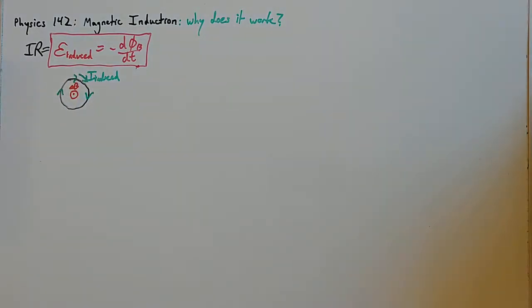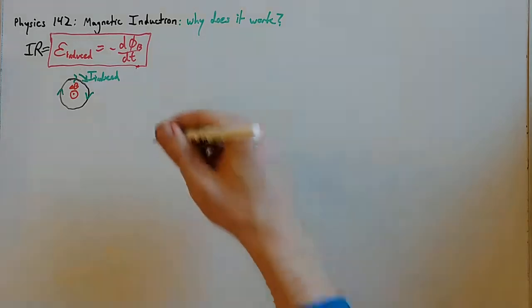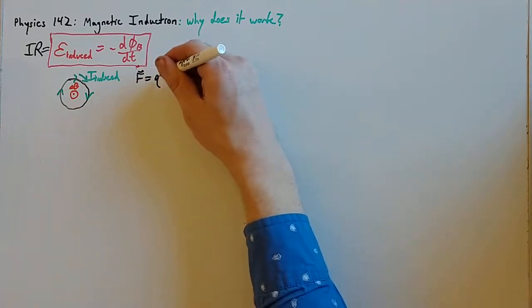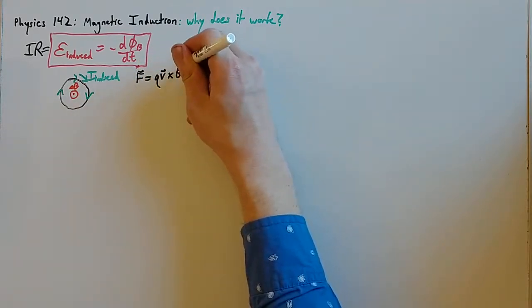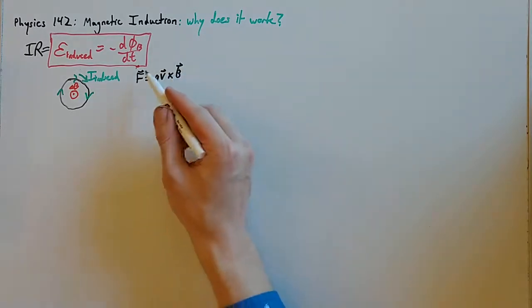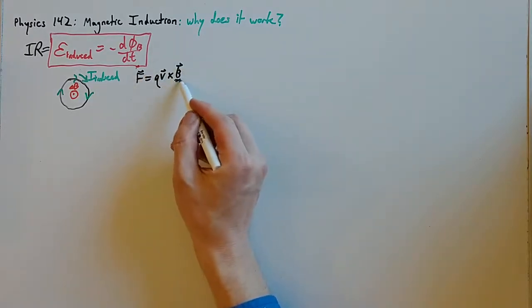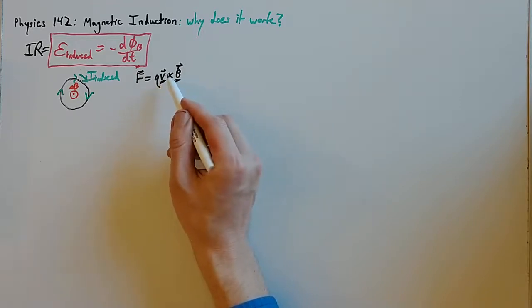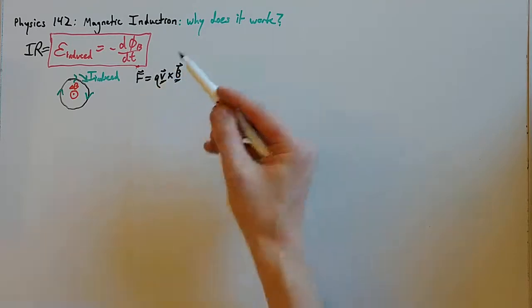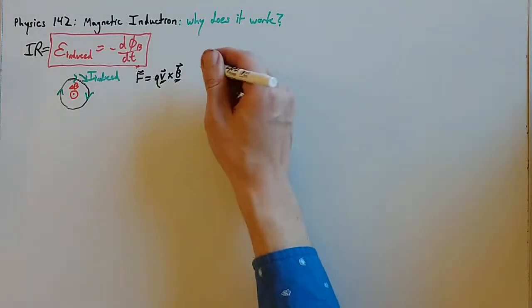But there's a problem here. If we remember our magnetic force law, force from magnetic fields is qv cross B. And what that means is that the force is always perpendicular to the magnetic field and always perpendicular to the velocity. So you can't increase the velocity when your force is perpendicular.